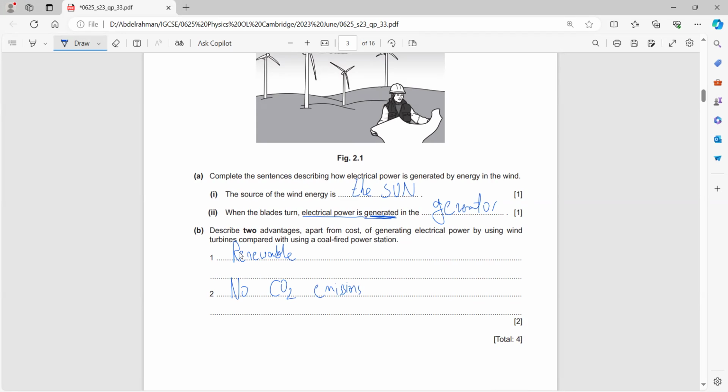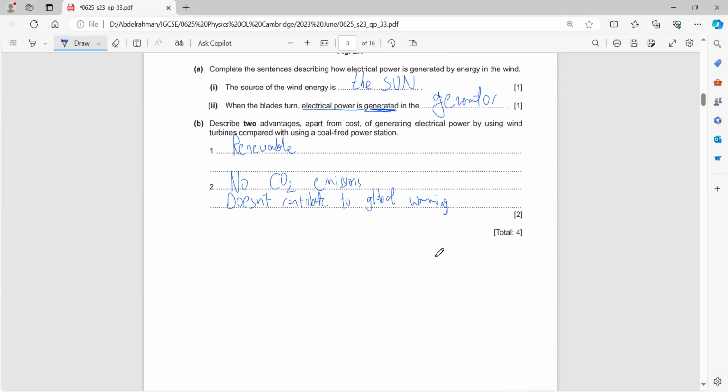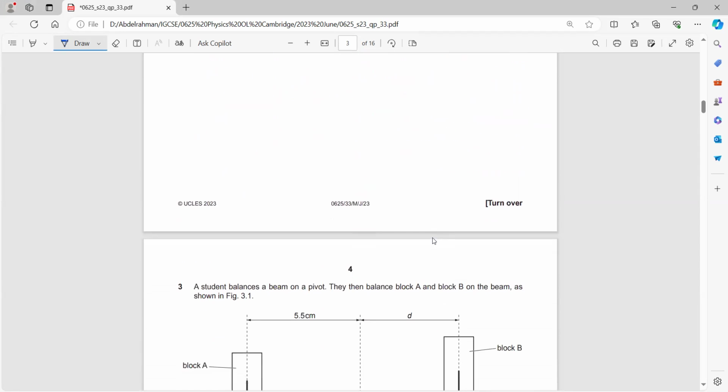It doesn't contribute to global warming, for example. Or it doesn't produce acid rain, for example.